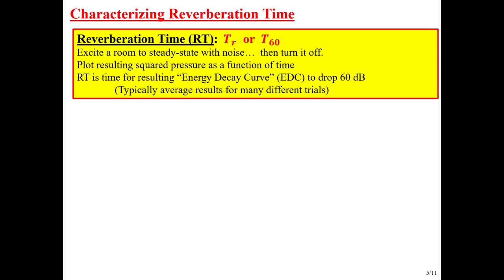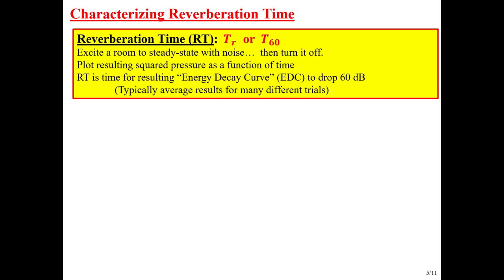It might be some colored noise, but it's some sort of broad spectrum noise. And you let it run until you've reached steady state in the room. So at that point, early echoes are gone and everything just sounds like it's not changing per se. And then you turn it off, and that's where the counting starts.